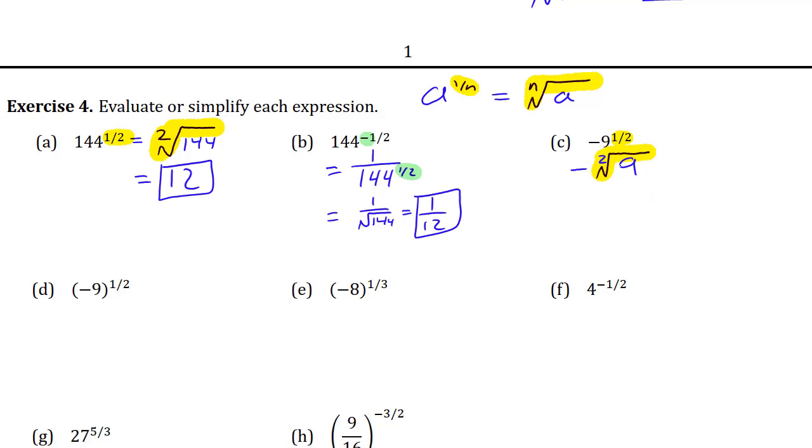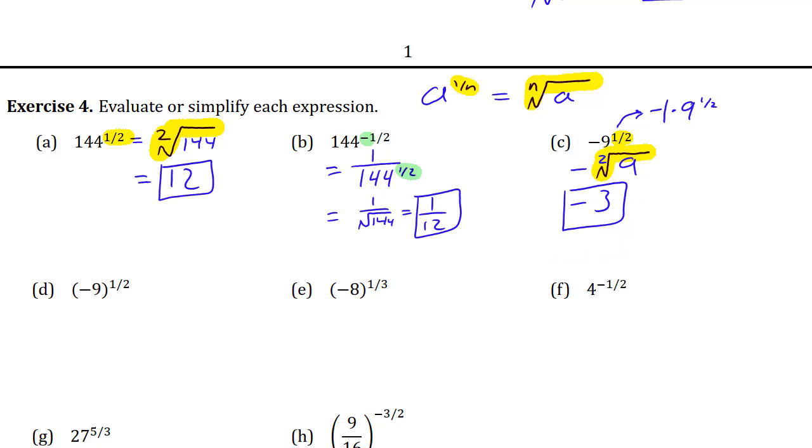Well, the order of operations here is that you want to think of the negative as like negative 1 times 9 to the 1 half, and multiplication happens after you do exponents. So the base of the exponent should just be the 9 and not include the negative. So the square root of 9 is just 3. So this is just negative 3.